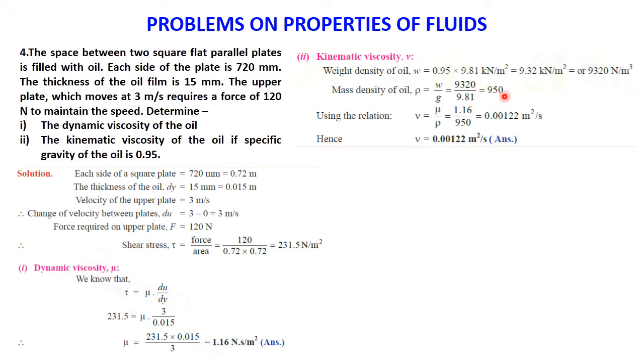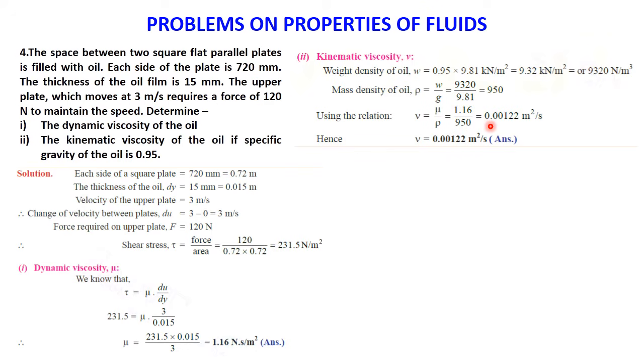Then taking this W value as 9320 divided by 9.81, that is the value of g, we get the mass density of oil as 950, and here we get the value in kg per meter cube. Then this 950 is taken here, so nu, that is kinematic viscosity, is equal to dynamic viscosity by density.